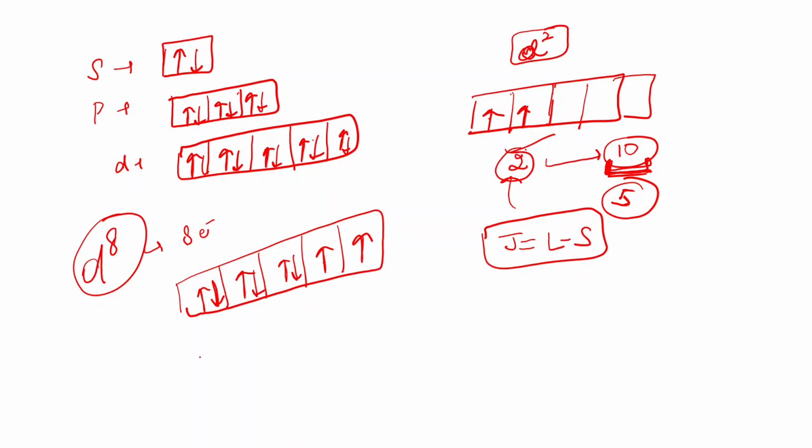Now if you calculate the S value, it will be 1. And 2S plus 1 means 3. And what will be the value of L?